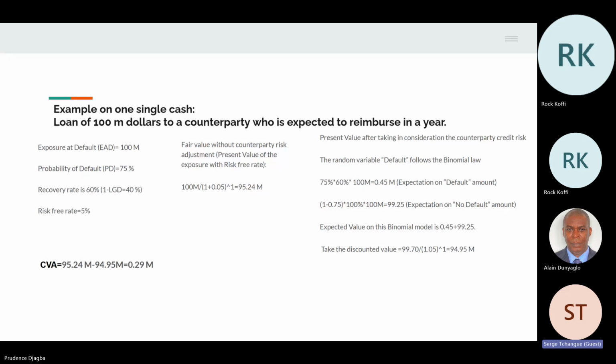It's very good to understand, because I have the feeling, and this is a very common error, people confuse CVA and expected loss. Because in credit, this is why the difference between credit and counterparty risk. Yes. It's very important to understand credit risk and counterparty risk. And if you get confused, then there's a problem.